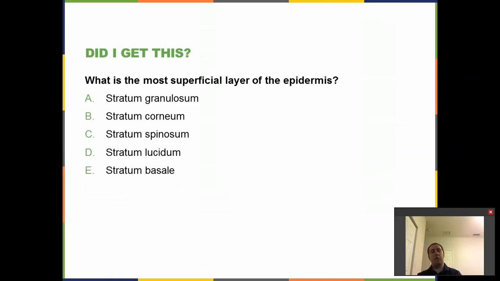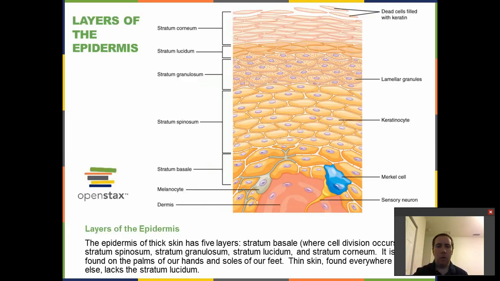What is the most superficial layer of the epidermis? I hear somebody say stratum corneum. What does the word superficial mean? Close to the surface. Yes, close to the surface. And so with our epidermis, we're looking for the outermost layer, which was the stratum corneum.